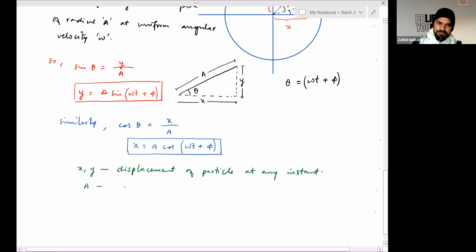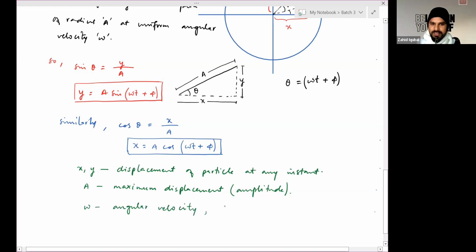A is called maximum displacement, or simply amplitude. Next, omega is called angular velocity, which may define its time period as 2 pi divided by T, or frequency as 2 pi into f.